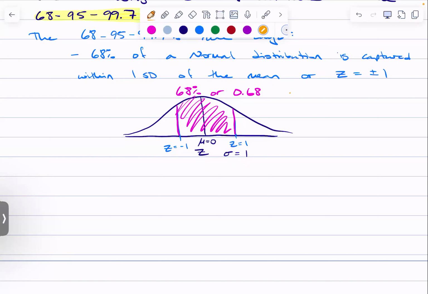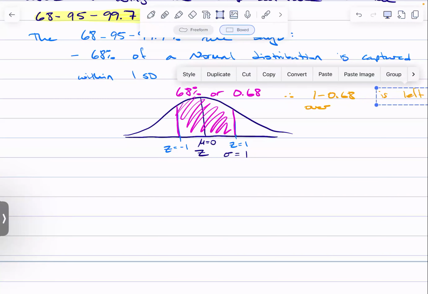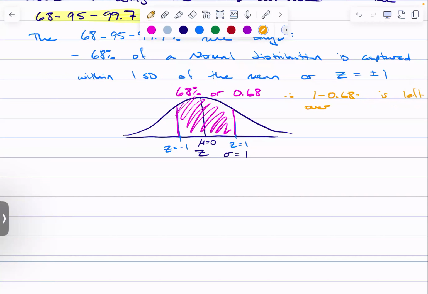And maybe I'll do that math here, 0.32 is left over.